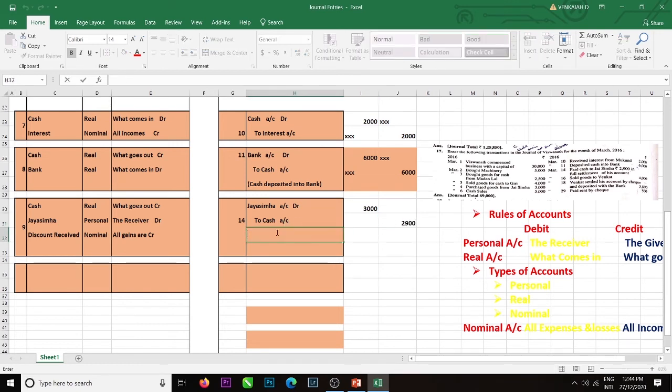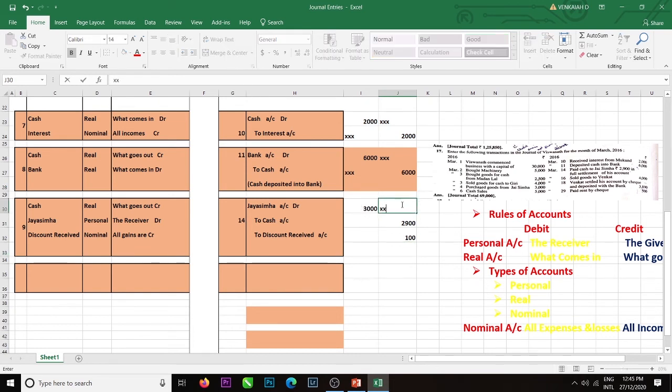How much is the gain we are getting? 100 rupees as discount received. See, students, credit total of 3,000 is equal to debit total of 3,000.